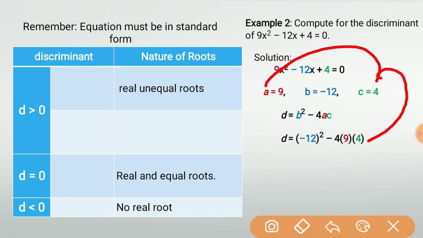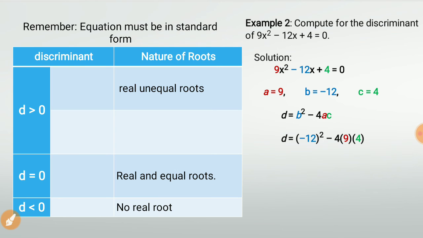After substituting the values of A, B, C in the equation, I'll perform arithmetic operations like addition, subtraction, multiplication on this equation to get the value of discriminant.